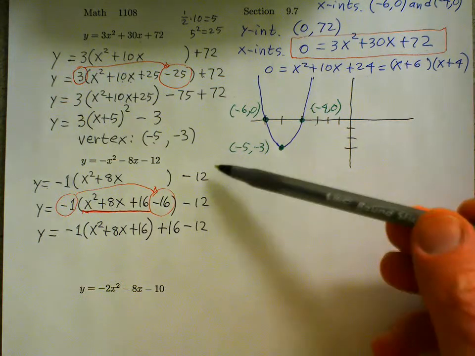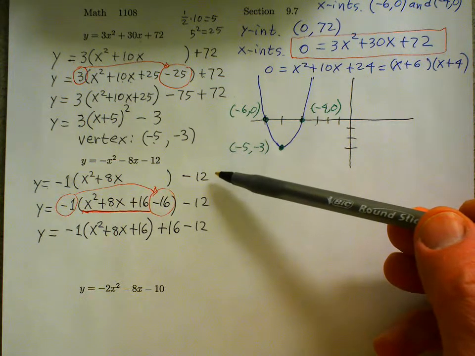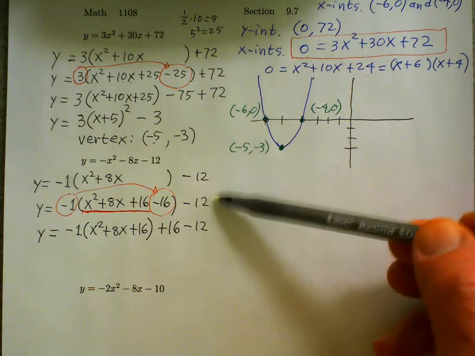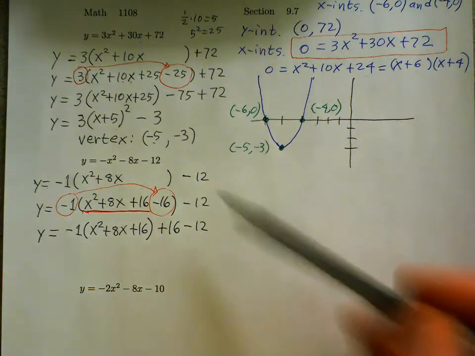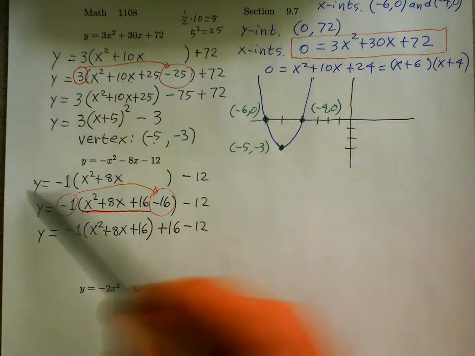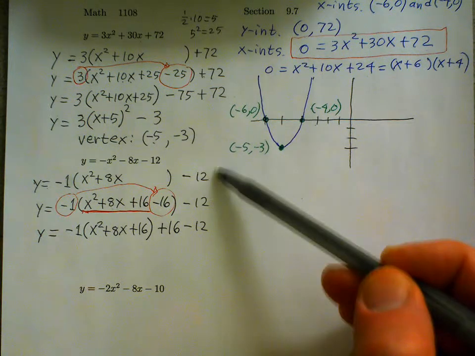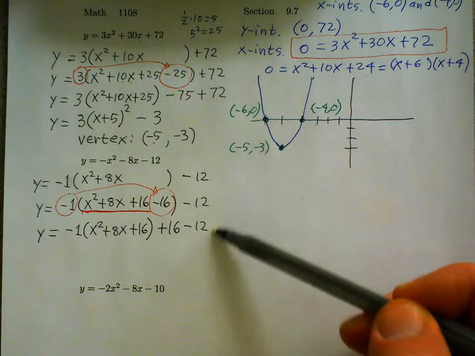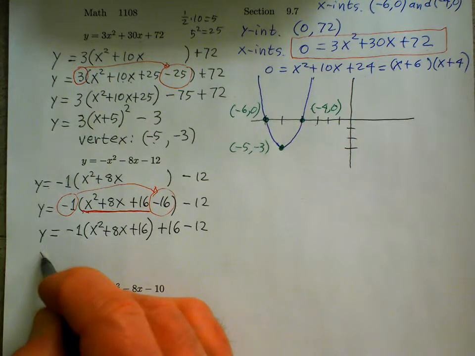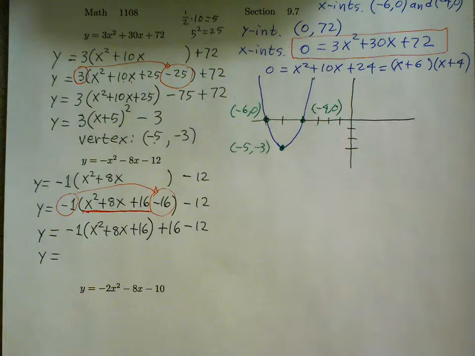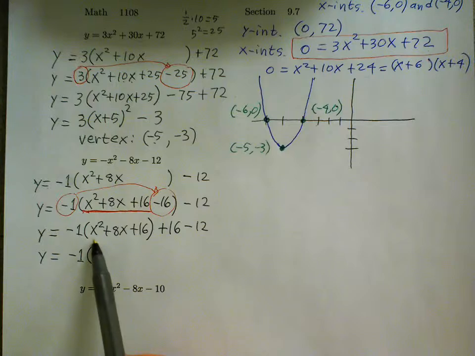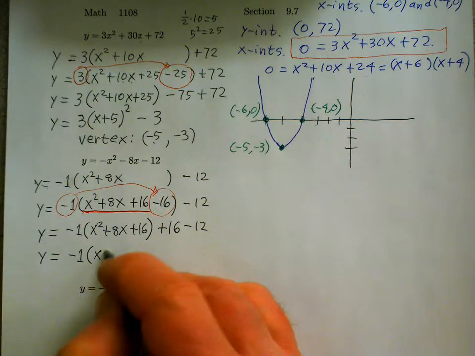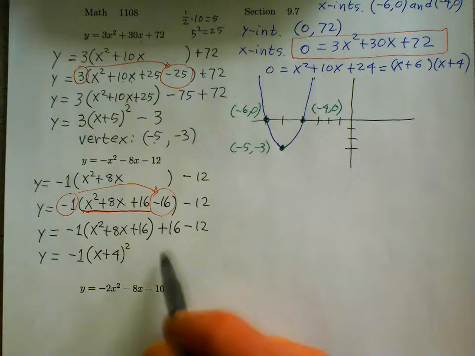Once again, make sure that each of the steps is equivalent to all of the other steps, and remember not to do too much work in a single line. So 4 steps is pretty good. In the next step, we can write the vertex form. y equals -1 times the binomial x plus 4 squared, and then plus 4.